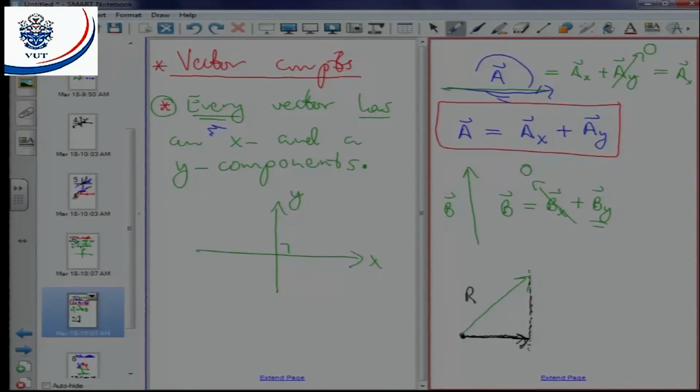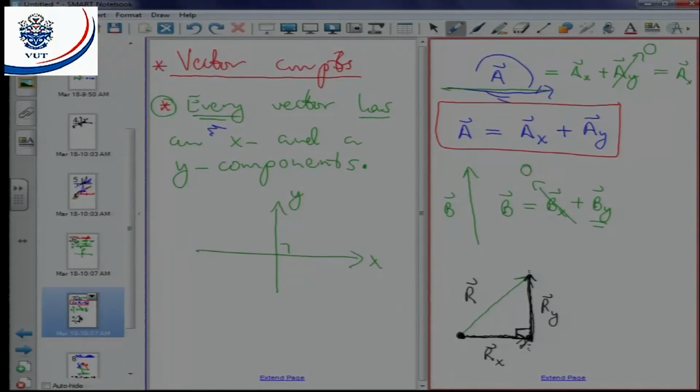So if we call this vector r, rx is from the starting point to where our vector meets the y-axis from the end point, and then where we ended off, we start our y component and we draw it all the way to the end point. So that's your y component.